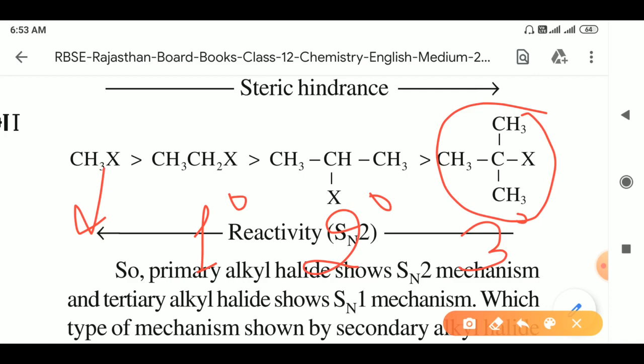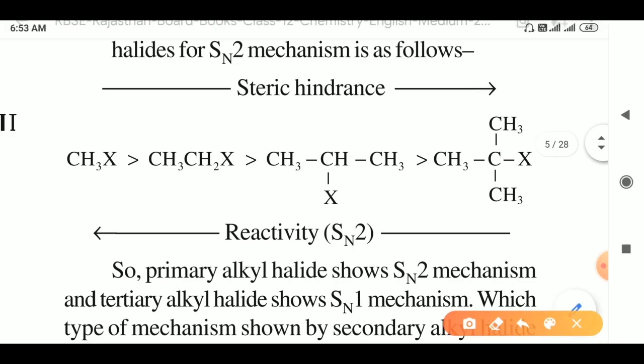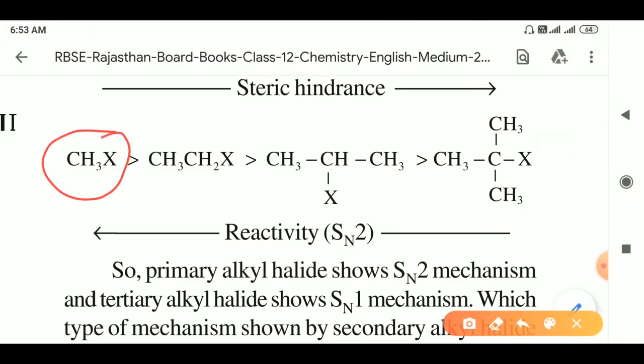But for the SN2 reaction, methyl is more reactive, then 1 degree, then 2 degree, and 3 degree shows very little reactivity.